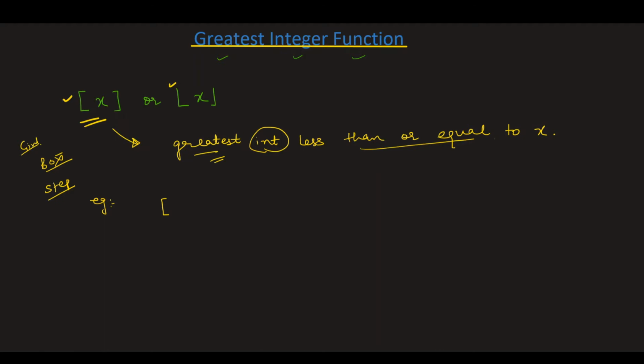So if I say gent of 1.6, it is equal to 1, because 1 is the greatest integer that is less than or equal to 1.6. If this is the number line, here is 0, here is 1, and here is 2, then somewhere here is 1.6.